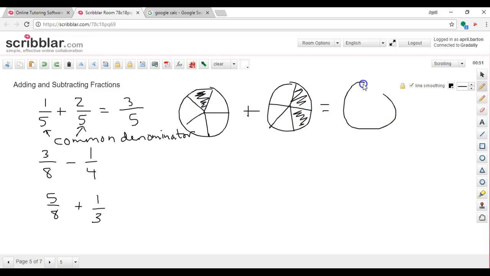The reason we keep the 5 on the bottom and don't add 5 plus 5 is because it's just telling us the size of our pie pieces. We've cut this into sizes where there are 5 equal pie pieces. So the 1/5 plus 2/5 is the 3/5. 3 out of 5 pie pieces.